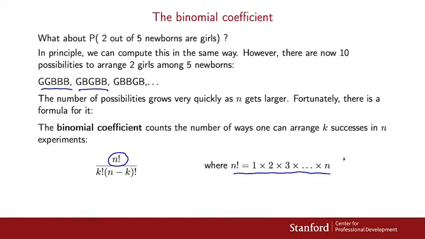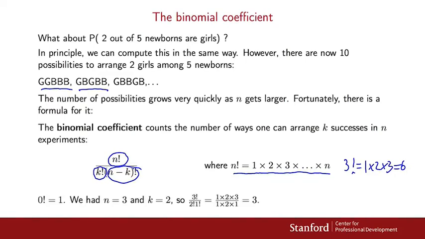For example, 3 factorial would be 1 times 2 times 3, which is 6. Then we have to divide by k factorial and n minus k factorial. As a special case, 0 factorial is always 1.